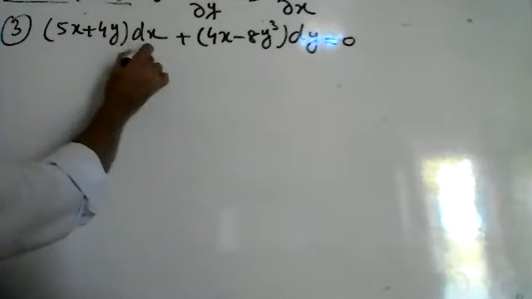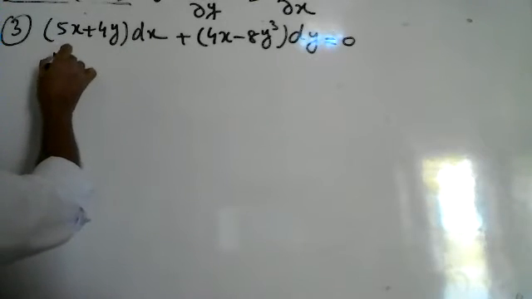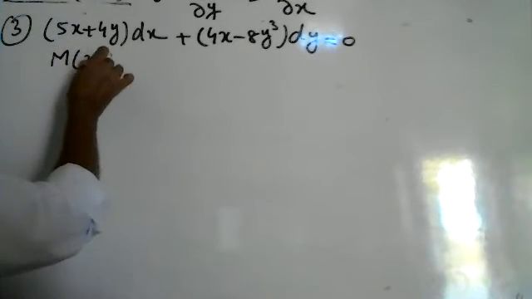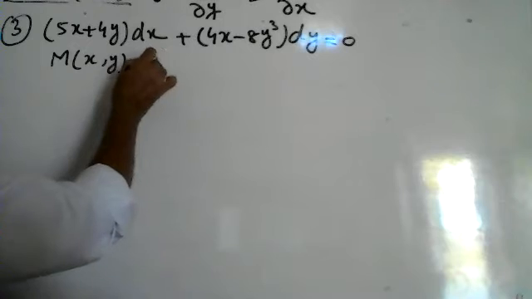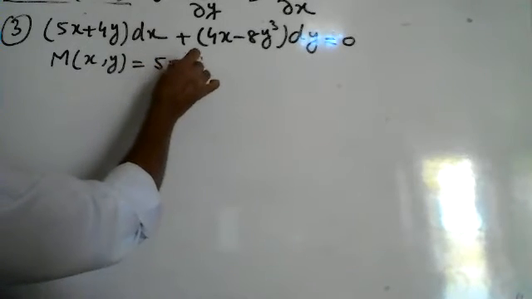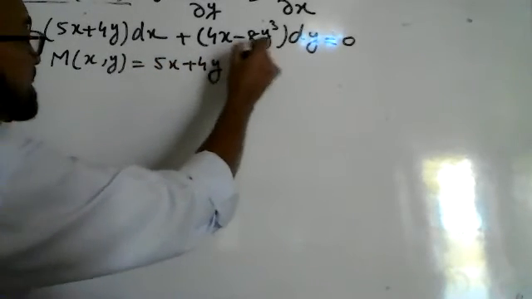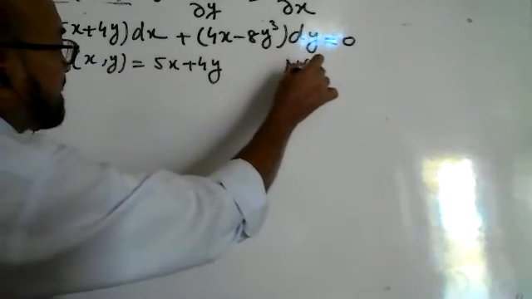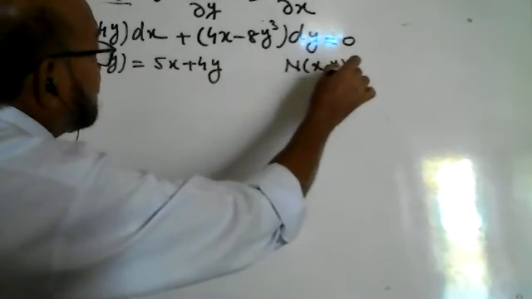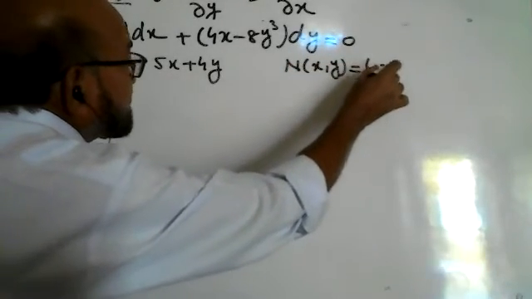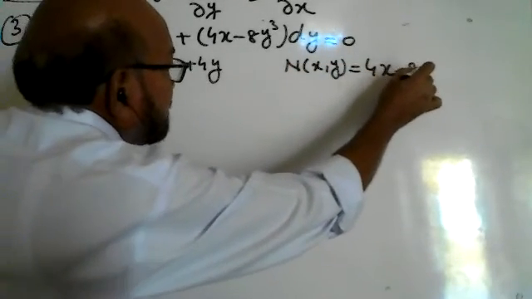So this will be considered as M, 5x plus 4y, and this will be considered as N, 4x minus 8y cube.